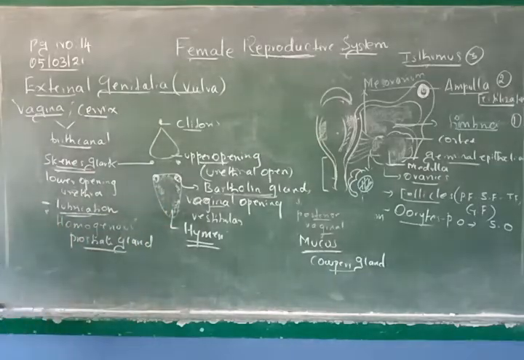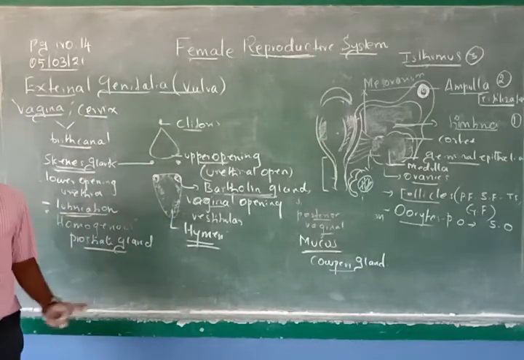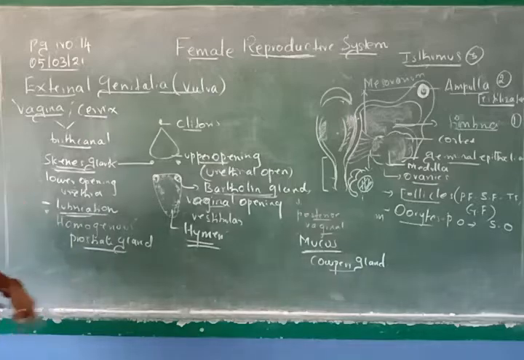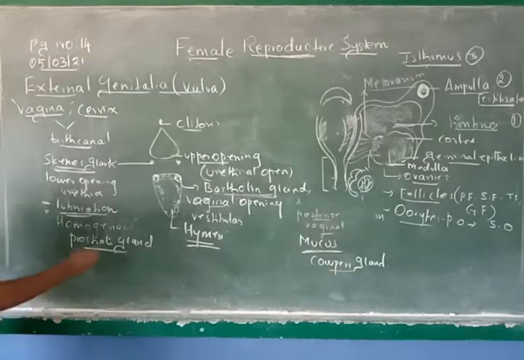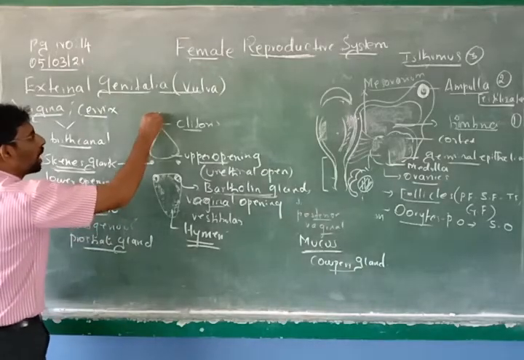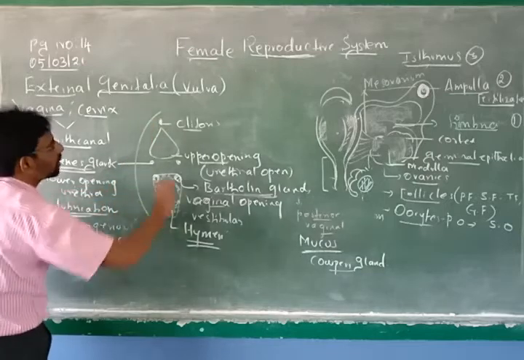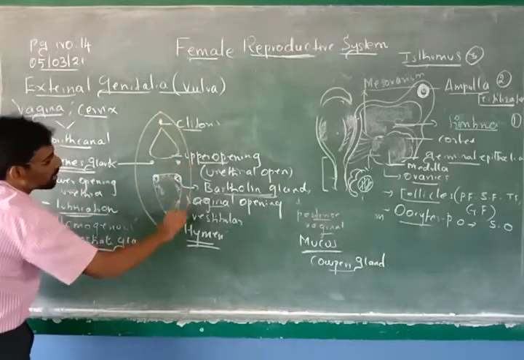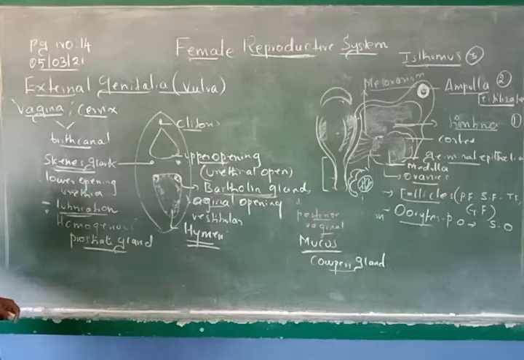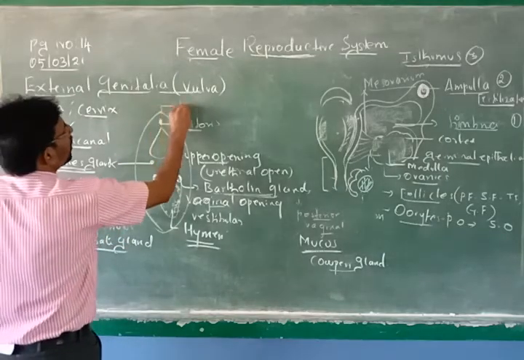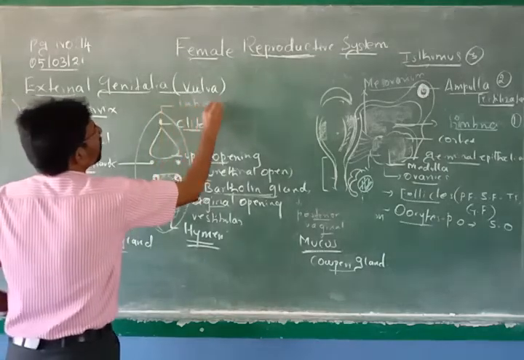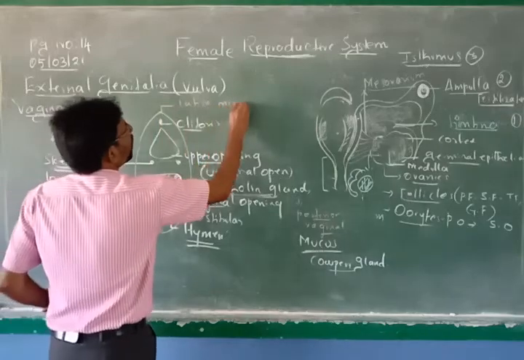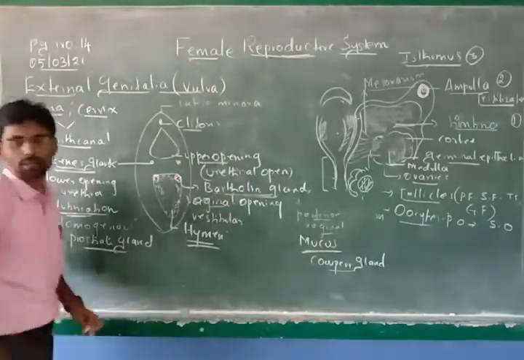Only one particular word is given in your book, so concentrate on that. Now, the entire part will be surrounded by two layers. I draw like this because all my parts are included in this part. This part is called labia minora. It's an inner layer.